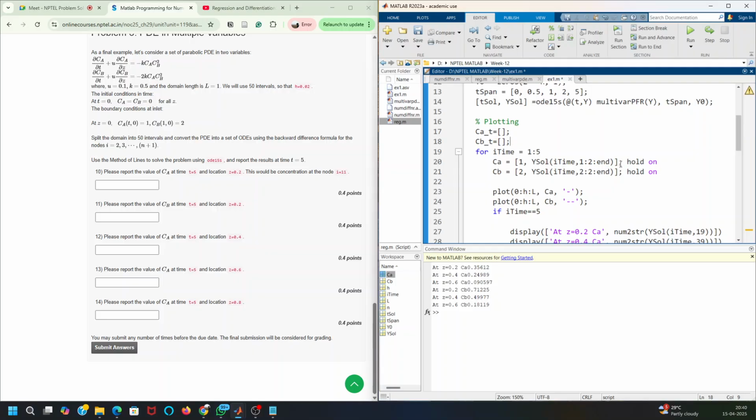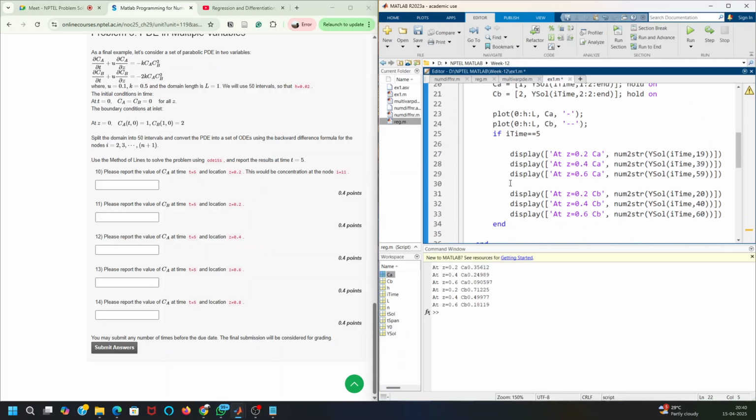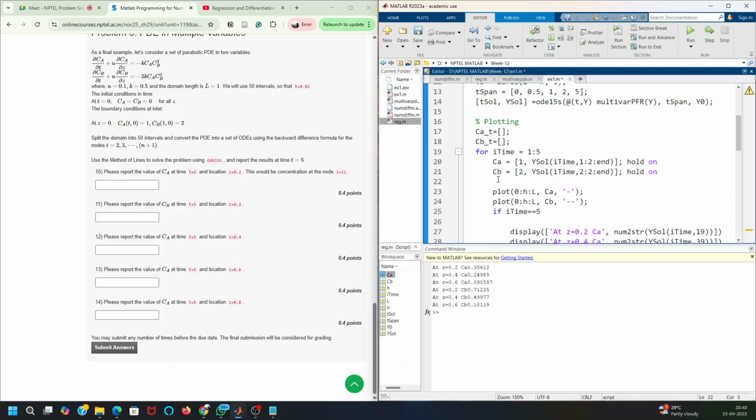So now I can take this. CAT will have the previous task.